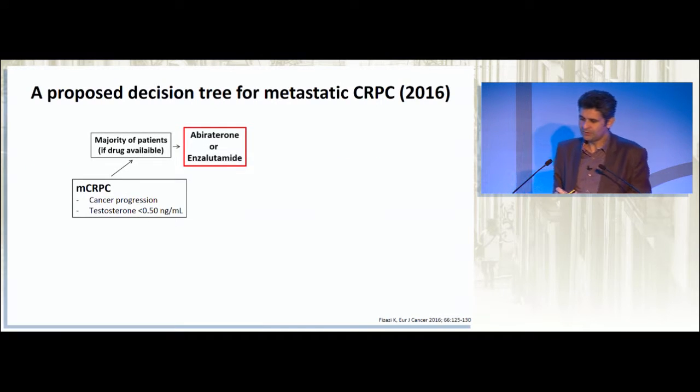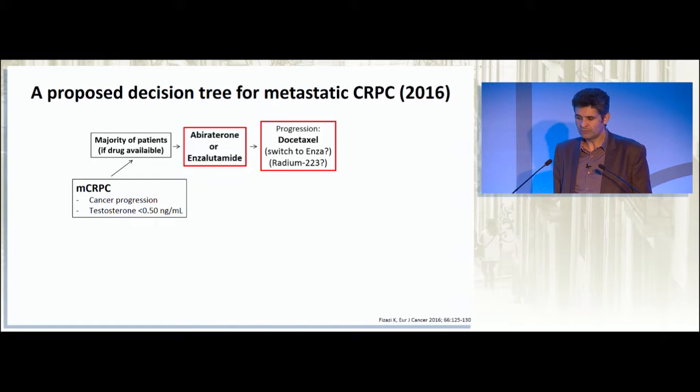So this is a proposed decision tree for patients with metastatic CRPC. I guess for most patients, especially if they're symptomatic and if the drug is available and reimbursed, I would support abiraterone or enzalutamide use because, again, they're active and quite non-toxic.